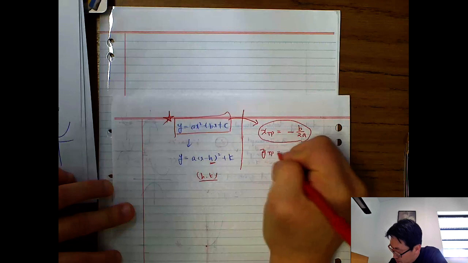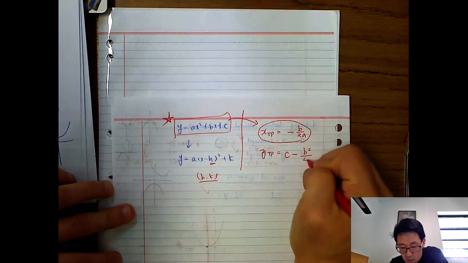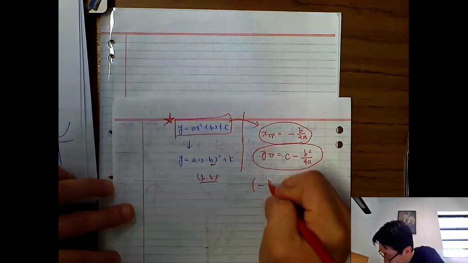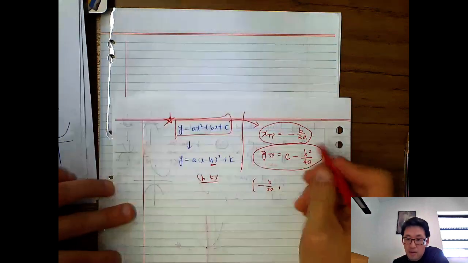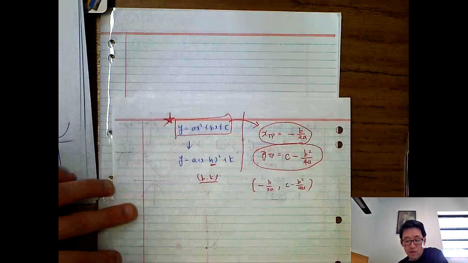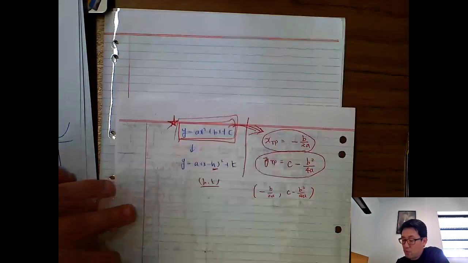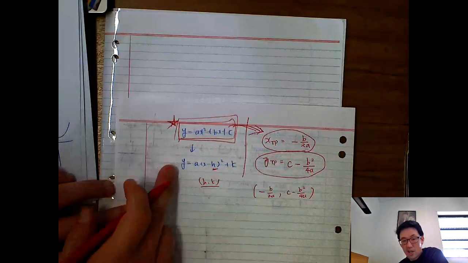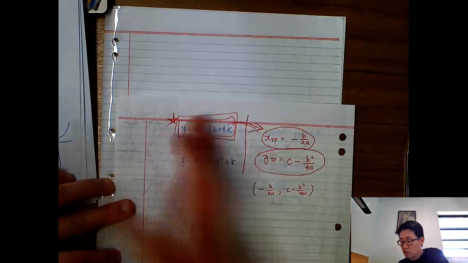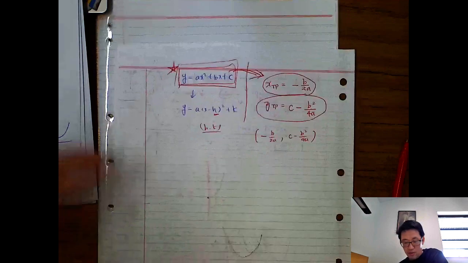Y turning point equals c minus b squared over 4a. So the turning point is going to be minus b over 2a, c minus b squared over 4a. You can use that directly from this polynomial form as well. Okay, you don't have to change it, but sometimes that's easier. So you need to be able to do both ways. Sounds good? Yeah.